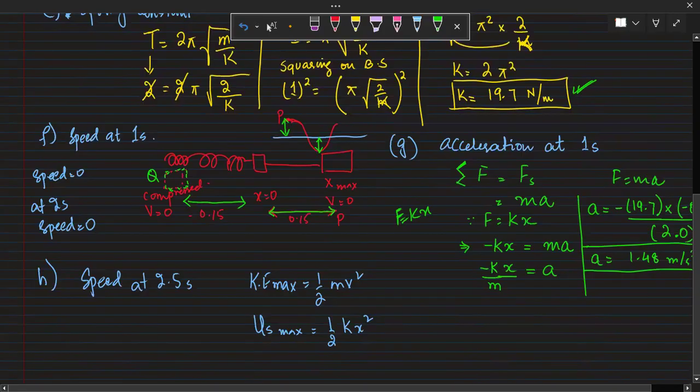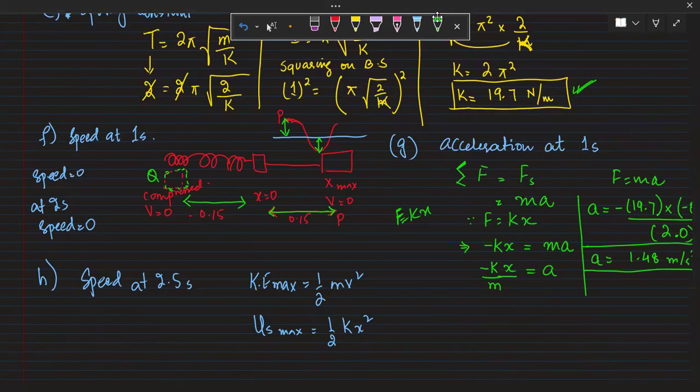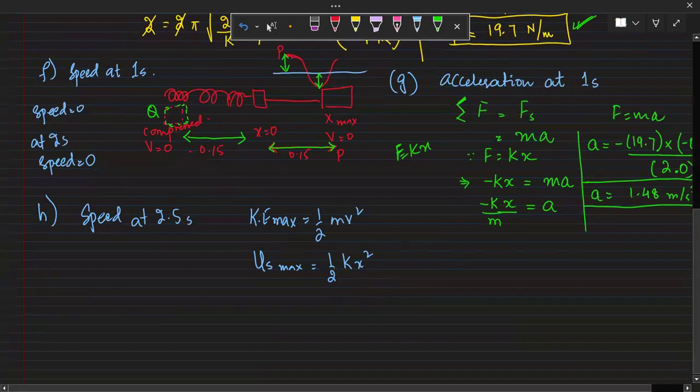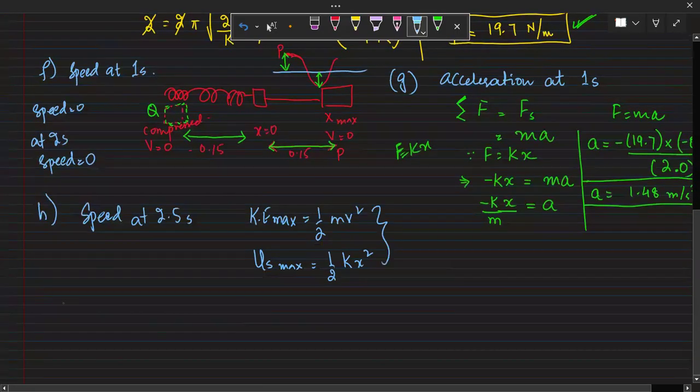So if I compare these two equations, half kx square equals half mv square. The two halves cancel out, and x goes here.